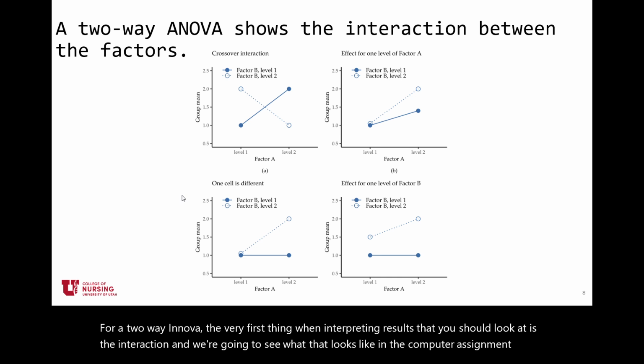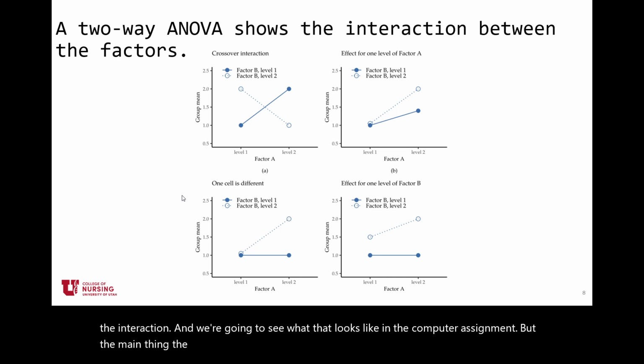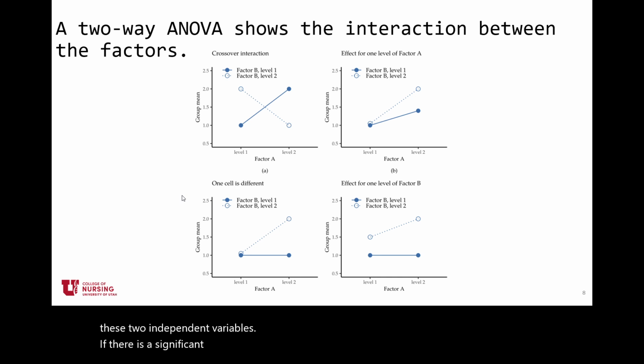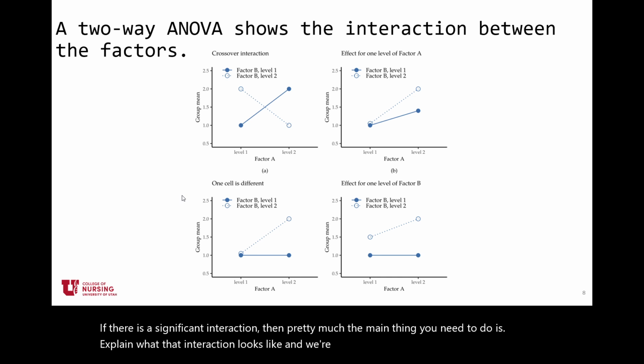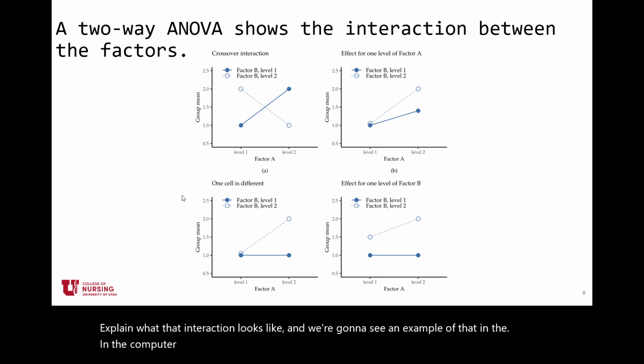But the main point of a two-way ANOVA is to see, is there an interaction between these two independent variables? If there is a significant interaction, then pretty much the main thing you need to do is explain what that interaction looks like. And we're going to see an example of that in the computer assignment. But I just want to emphasize to you guys that really that interaction is the key.